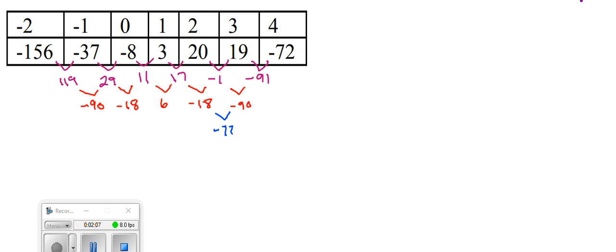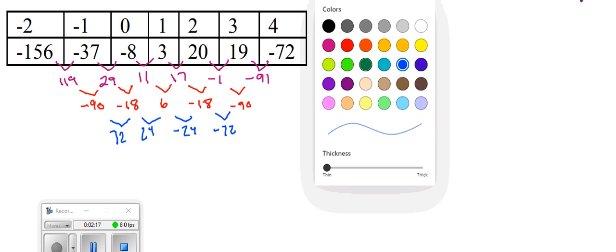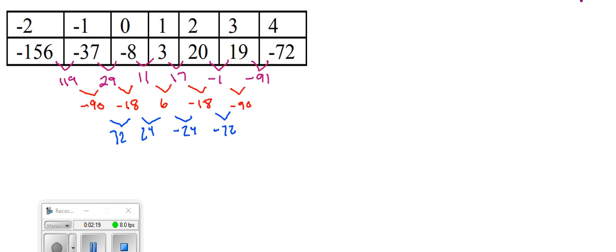So this would be negative 72, negative 24, 24, and 72. So it's also not cubic. Let's try it one more time. Negative 72 minus 24, or minus negative 24, is negative 48, negative 48, negative 48.